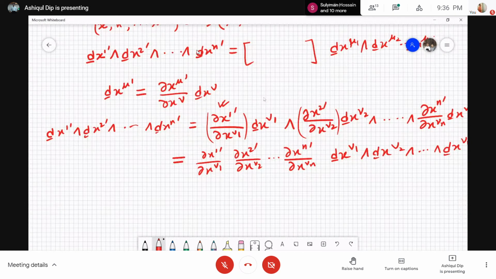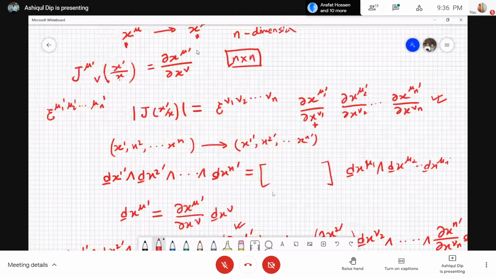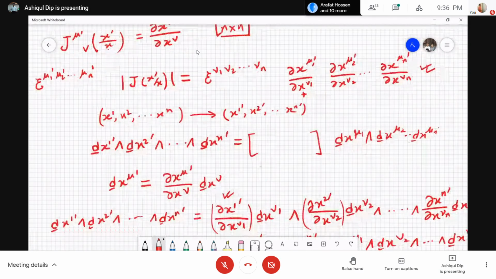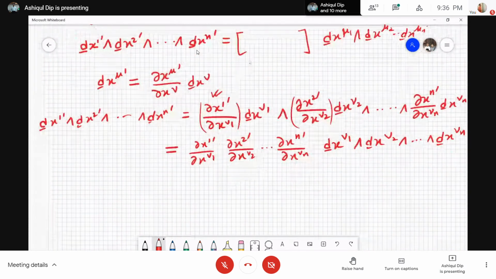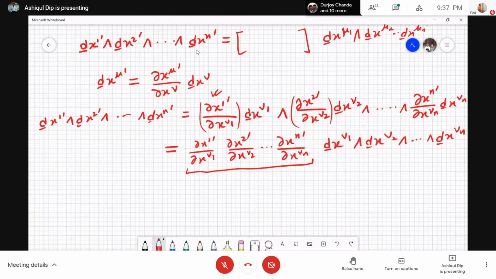When we defined the determinant of the Jacobian matrix, the last part, without the permutation symbol. So basically, this part is proportional to the Jacobian matrix to the power n. So that's kind of closer to the determinant, right? Yes.